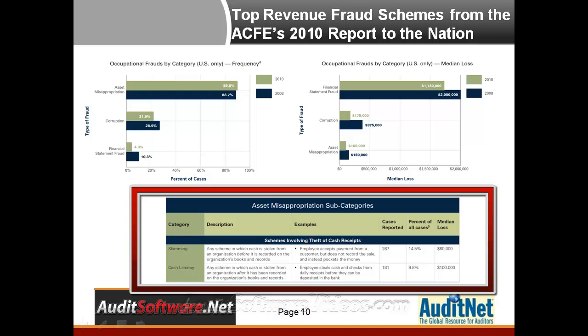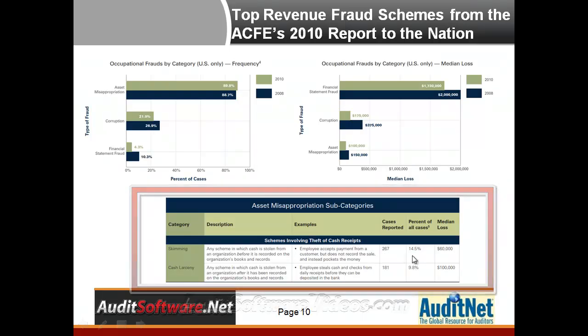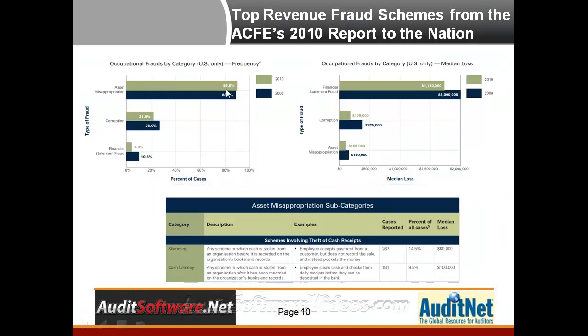So it is a high percentage. It's like 15% of this 90% or so, so it's probably like 10-12% of all fraud is skimming. So it's a good area to go take a look at, and while you're there, you might as well do financial statement fraud testing.